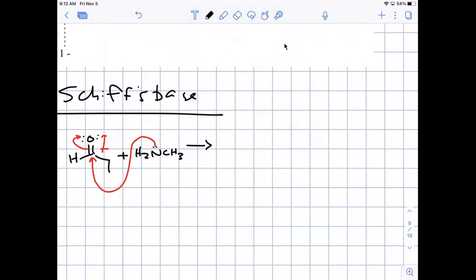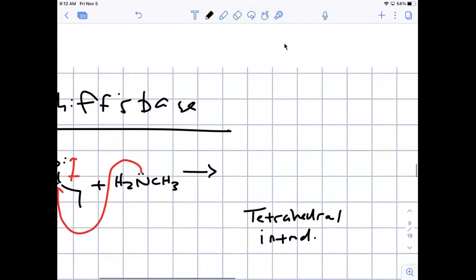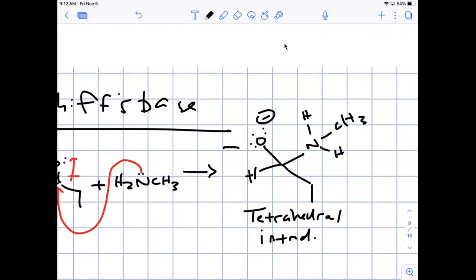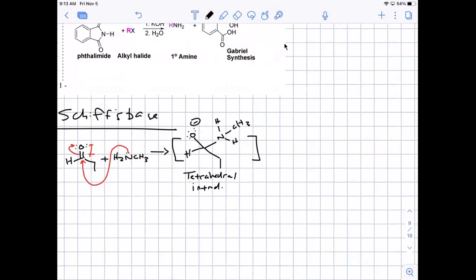Think back to when we first started talking about esters and how to make them. Remember we said anytime you attack a carbonyl with a nucleophile, you get a tetrahedral intermediate. So for the aldehyde, it's going to look like this. That's negative, and I'm going to put the amine up here. So this is my tetrahedral intermediate. Any carbonyl addition reaction is going to go through that.